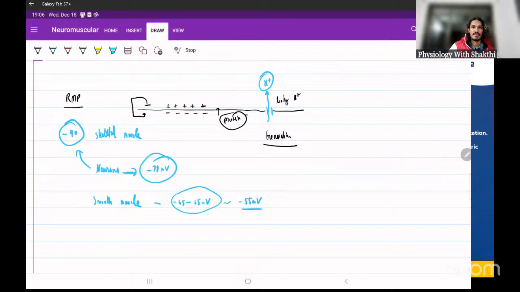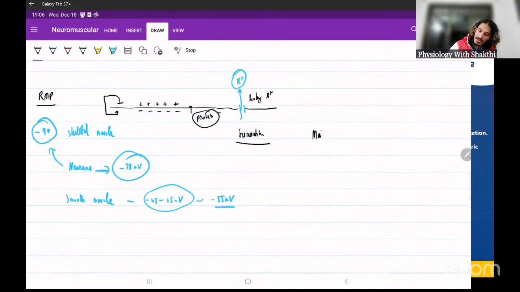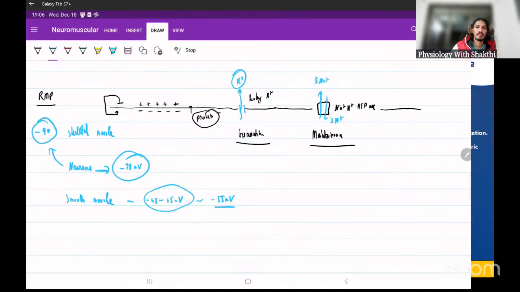Apart from generation, what results in the maintenance of RMP? RMP maintenance is because of your sodium potassium ATPase. So what does it do? Sodium potassium ATPase moves 3 sodium out and 2 potassium in.